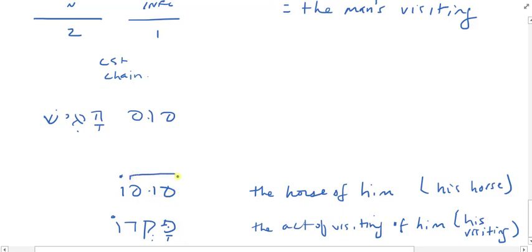One of the function slots here is that the noun can take a pronominal suffix, the horse of him, and the infinitive construct can do what a noun can do, and it can take a pronominal suffix as well. The act of visiting of him. That's all I'm doing, just showing you the different ways that an infinitive construct can do the same thing that a noun can do.